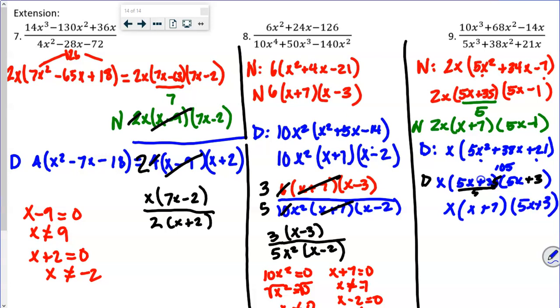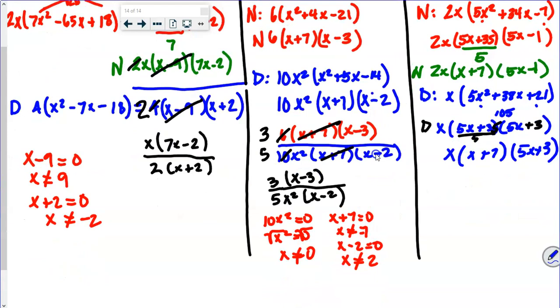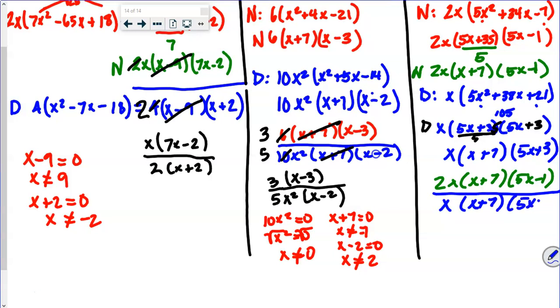So we need to put our numerator over our denominator now. Our numerator was 2x and x plus 7 and 5x minus 1. Our denominator was x and x plus 7 and 5x plus 3.